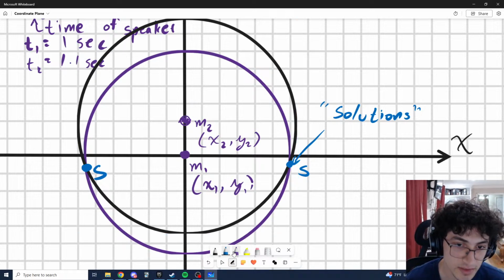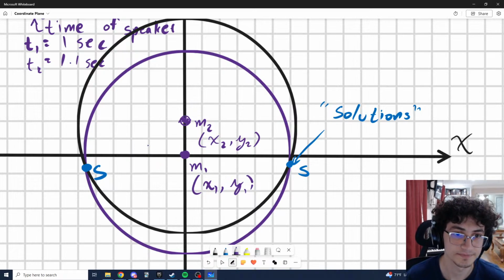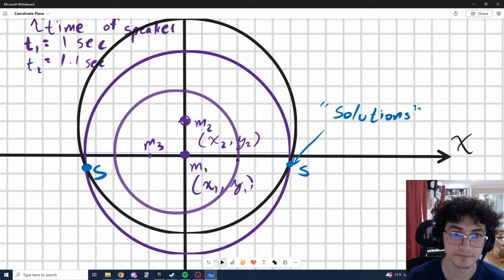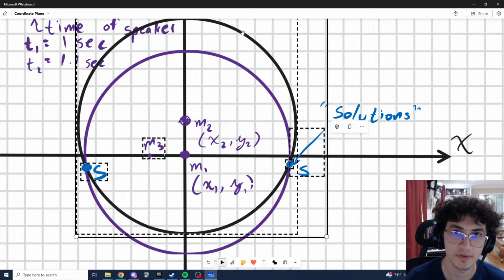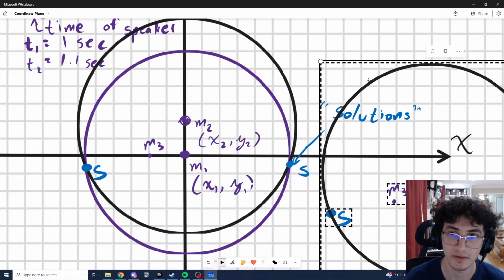If I add a third circle, this right here is going to be microphone 3. Make another circle. I want this black circle without all of this extra stuff.